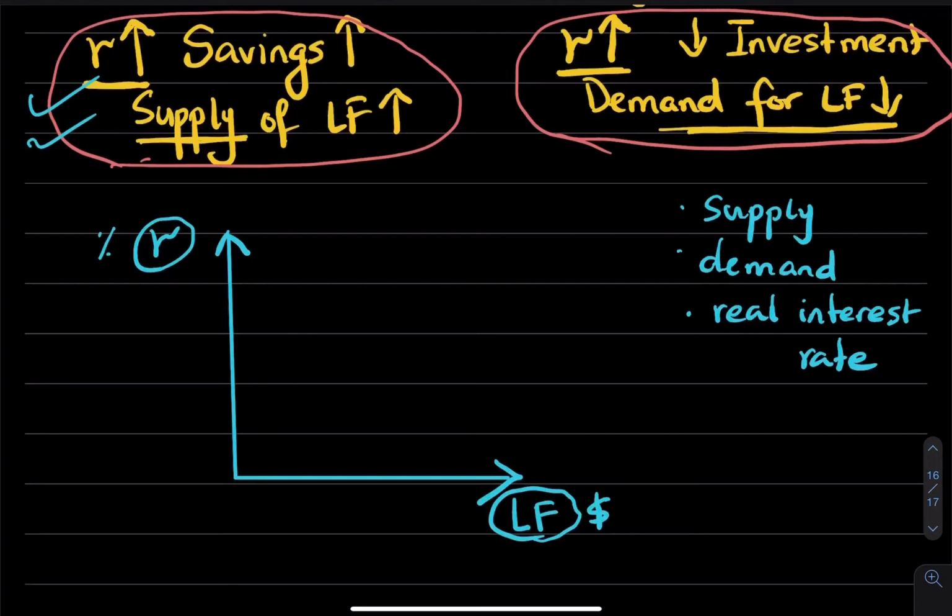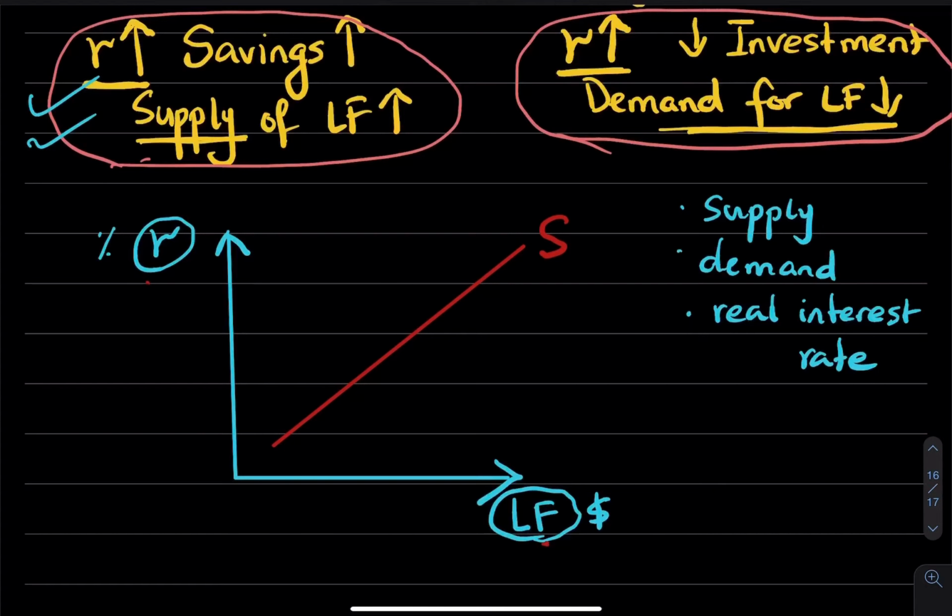Again, the supply of loanable funds is going to be an upward sloping straight line, because this is reflecting the positive relationship between R and loanable funds. As R goes up, we are going to be supplying more loanable funds.